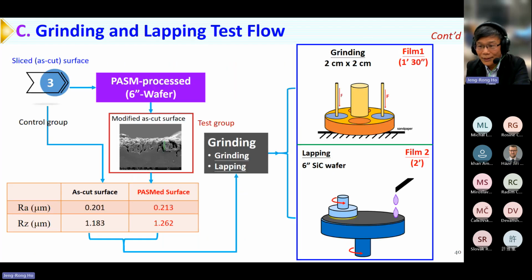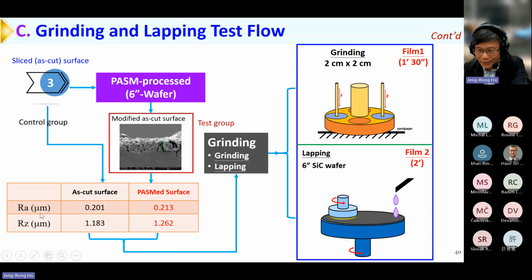Okay, these are some results. We start from the ACDRC surface, without surface processing, as the control group, and the PASM processed as the testing group. Then we conduct grinding and also lapping.